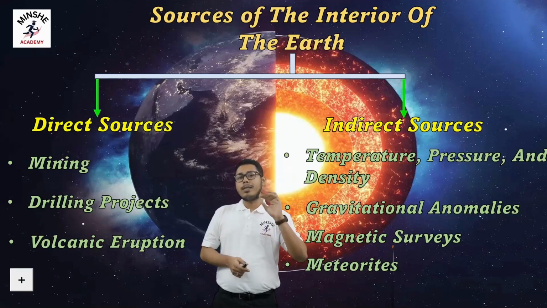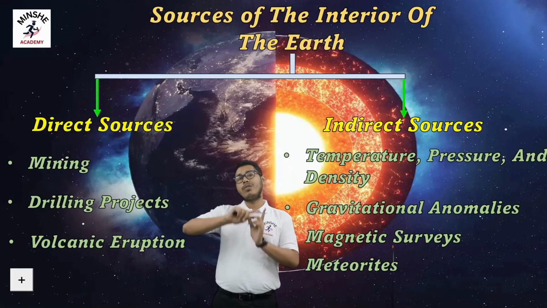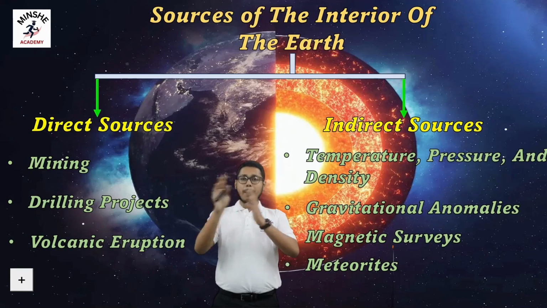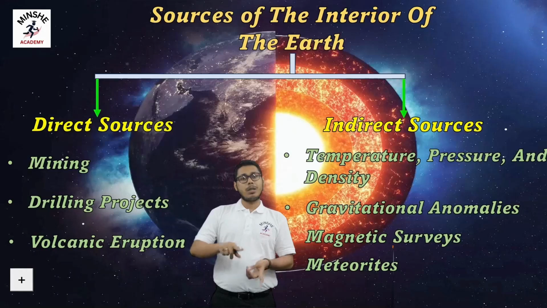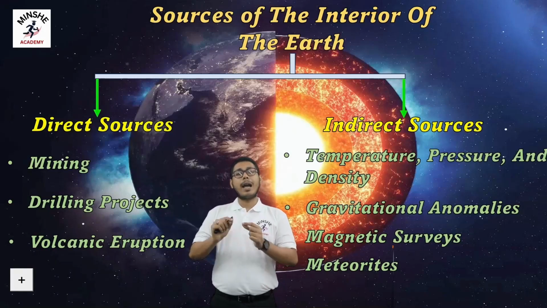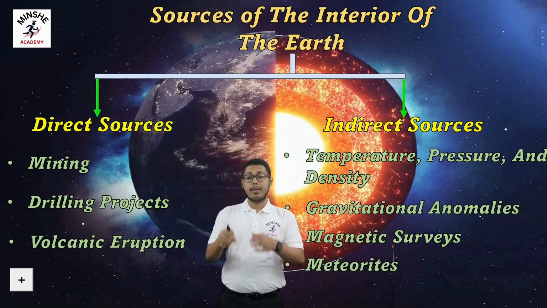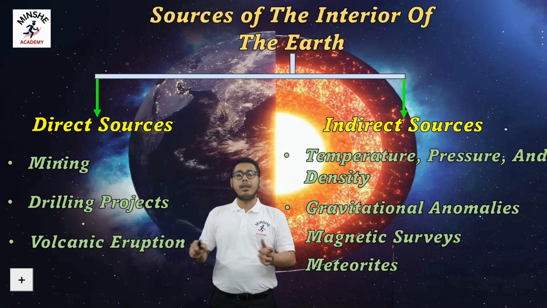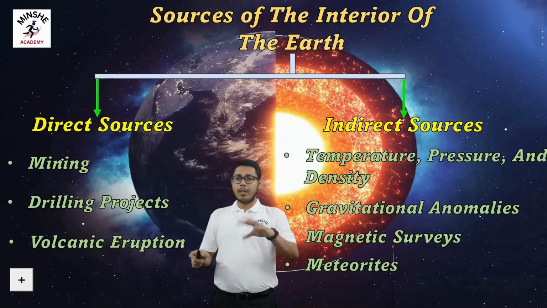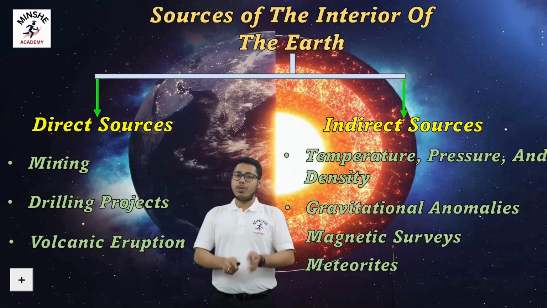So when I study a meteorite and its internal composition, I'm taking ideas: if these are the things happening to that celestial body, then maybe the planet Earth would follow the same pattern. So indirectly we are getting information.